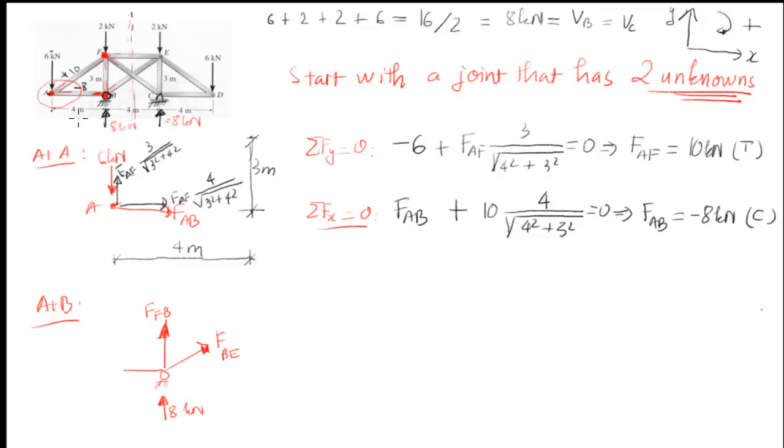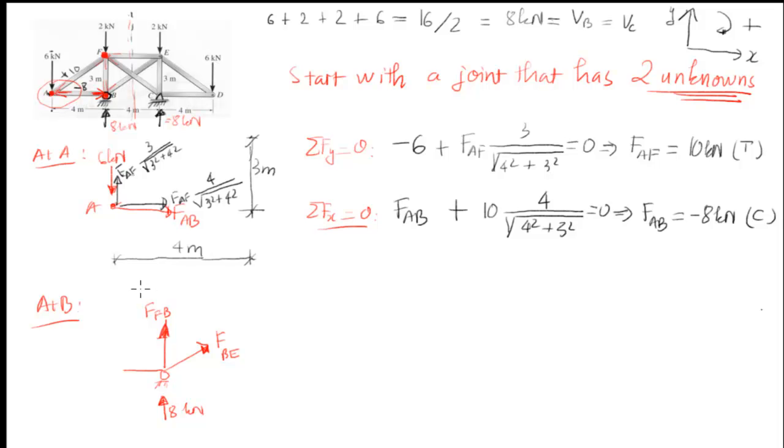So what's the direction? This way or that way? Keep in mind that compression, -8, always goes into the joint. So it goes into this joint, and this goes into this joint as well.